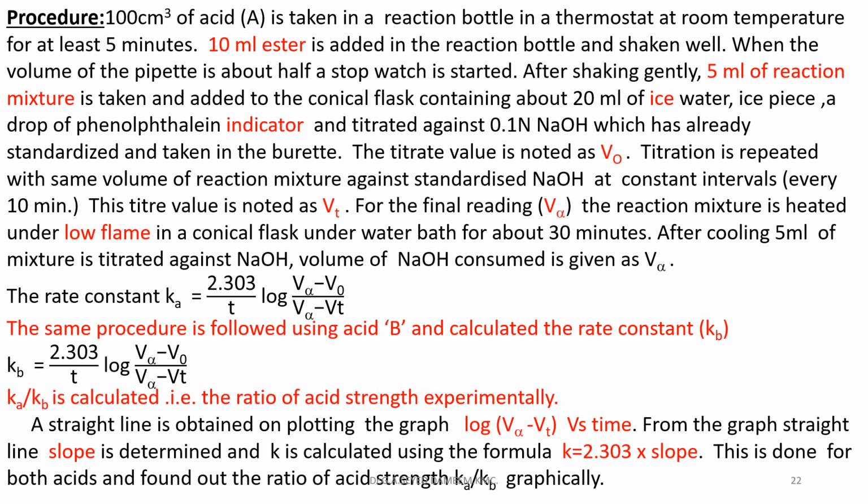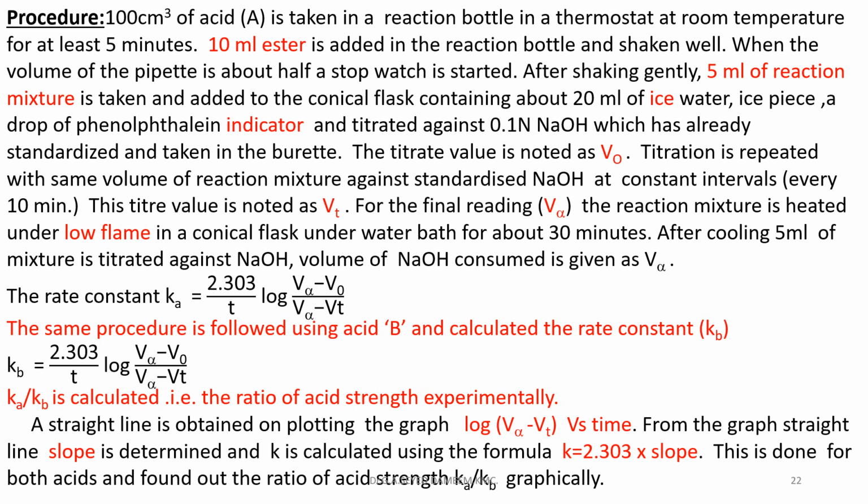The same acid strength ratio is also calculated from the graph. For that, log of (V infinity minus Vt) is plotted against time, and we get a straight line. From the straight line, the slope can be determined, and from the slope, K is calculated using the formula K equals 2.303 into slope.